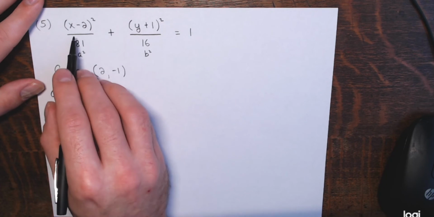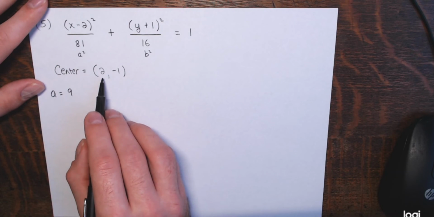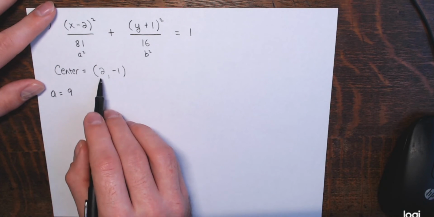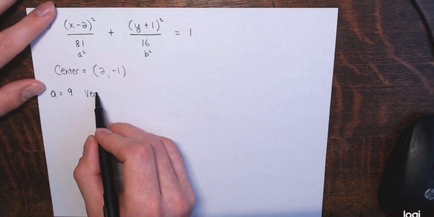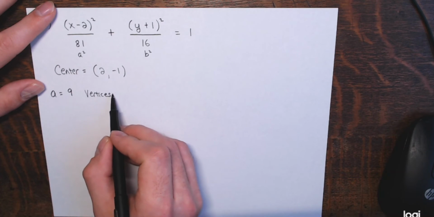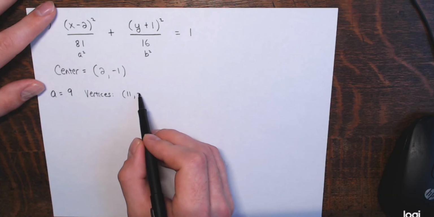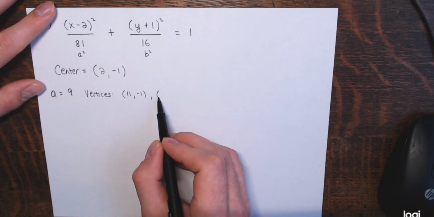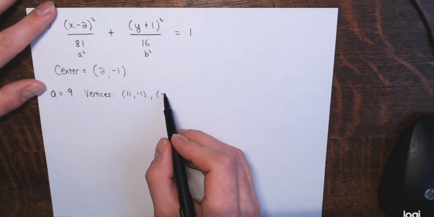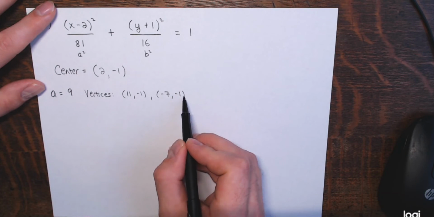And since that's under the x, I'm going to add and subtract 9 to the x coordinate of the center, and that'll give me the vertices, the ends of the major axis. 2 plus 9 is 11, right, so you got 11, negative 1 is a vertex, and 2 minus 9 is negative 7. So negative 7, negative 1 is another vertex.